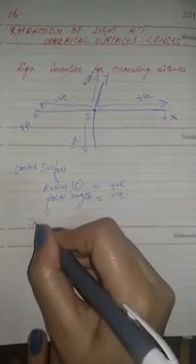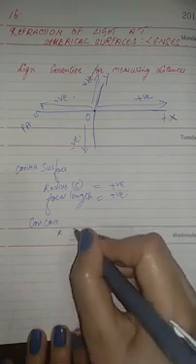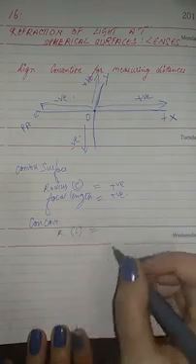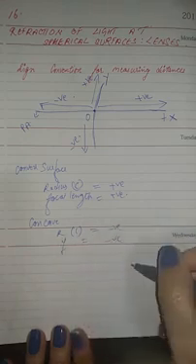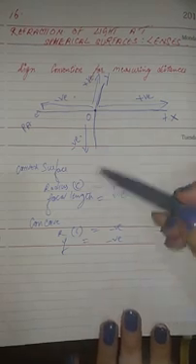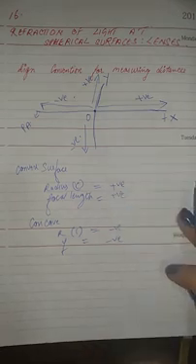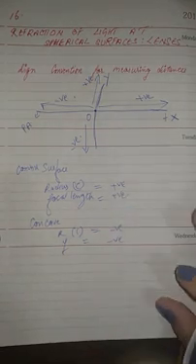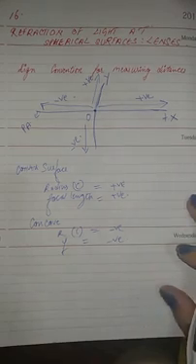And for a concave surface, radius of curvature and focal length are taken as negative. This is used for doing numericals, so you need to remember this part first of all. Then only we can move forward with the chapter. So this is the sign convention for measuring distances and length.